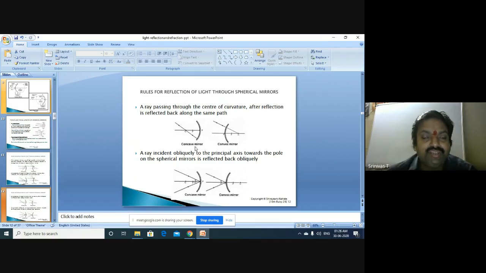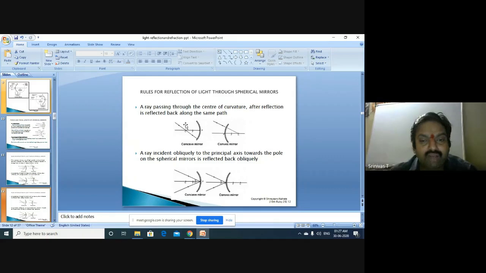You can see how the light rays travel via the center of curvature, and once they hit the mirror, they travel in the same direction in which they came. That's how it gets reflected.